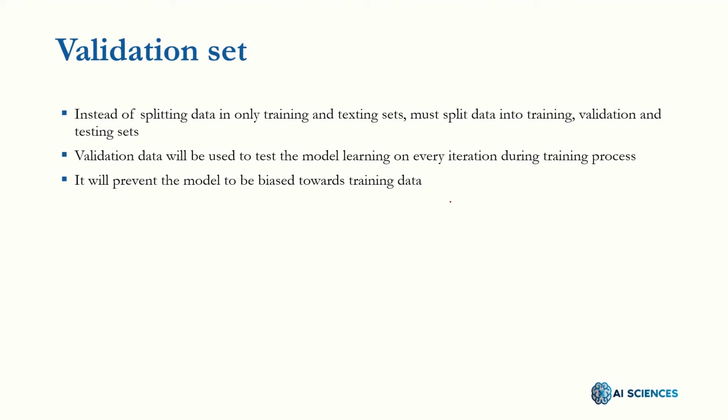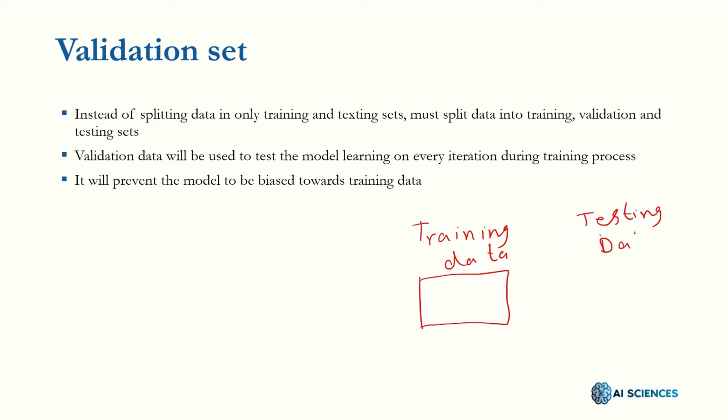First is the validation set. In machine learning models, we usually have our training data. Let's say here is a portion of data which is training data, and our testing data, which we use to test the learned model. But if our training has gone overfitted, the model will not perform well on this testing data.